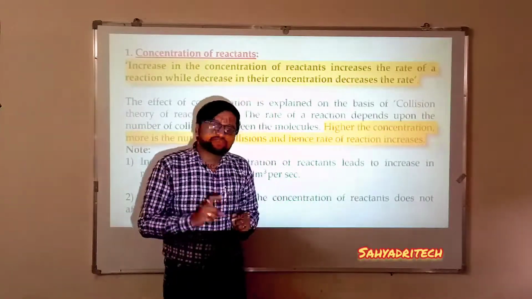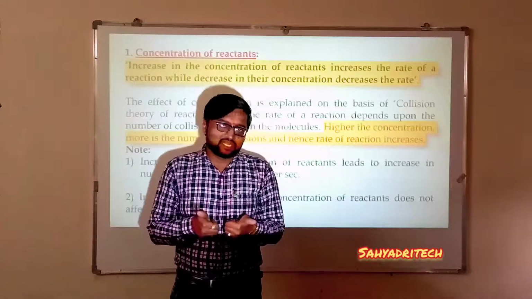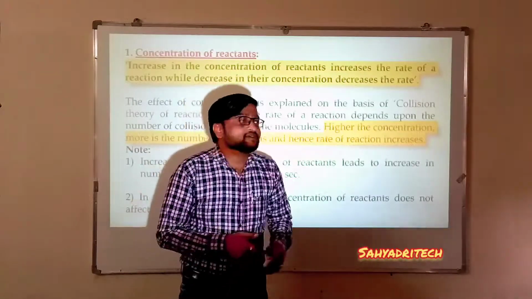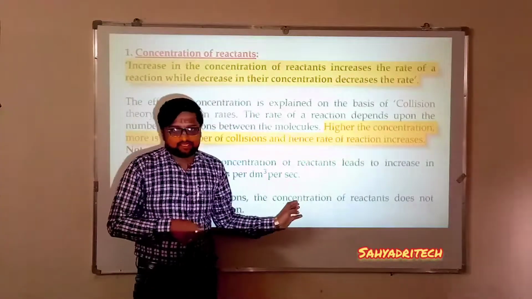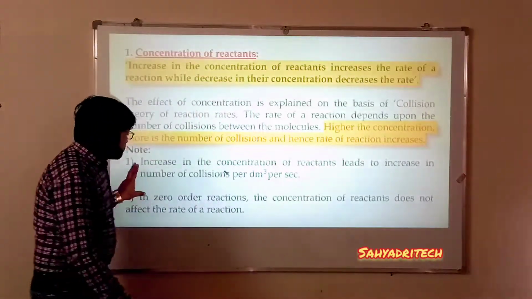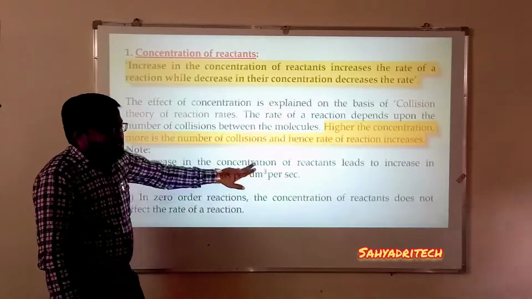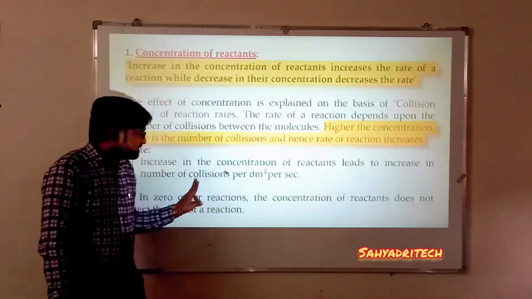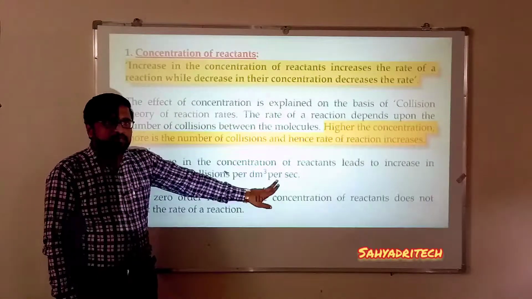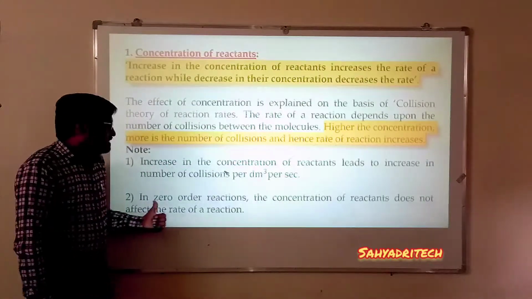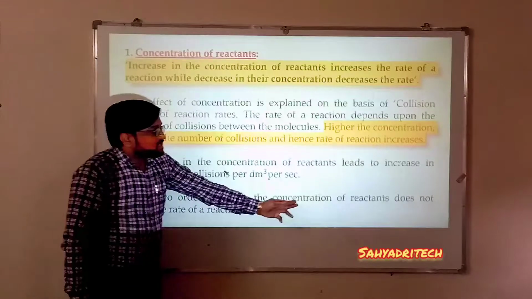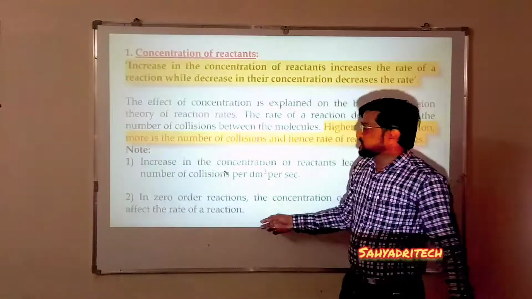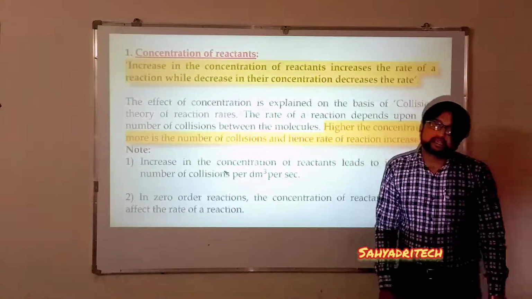But in the case of a zero order reaction, there is no relation, or I can say the rate of reaction is independent of the concentration of reactants. Okay, so these 2 points. An increase in the concentration increases the collision frequency, that is, the number of collisions per dm cube per second. And what is the second thing? In zero order reactions, the concentration of reactant does not affect the rate of a chemical reaction.